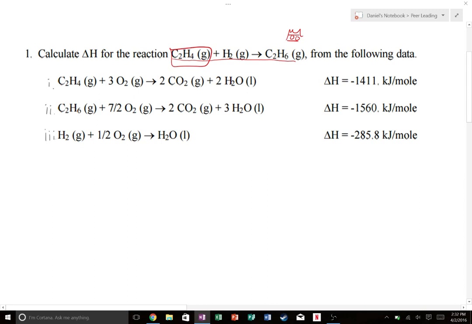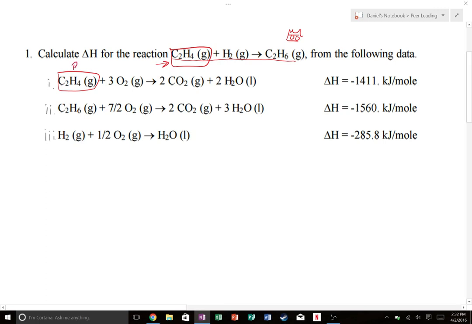So we look at acetylene and we look at our three reactions down here, and we have to find in which one of these three reactions we find acetylene. The only place where we find C2H4 is right here in our first reaction, because the other reactions don't have it. We want this C2H4 to be on the same side as this C2H4, and they're both reactants.